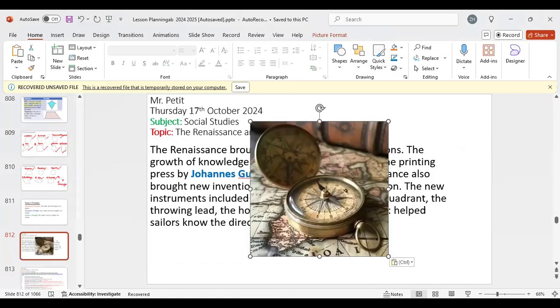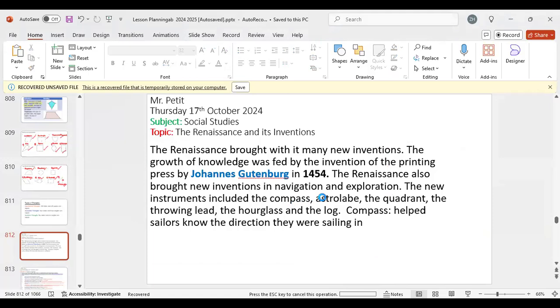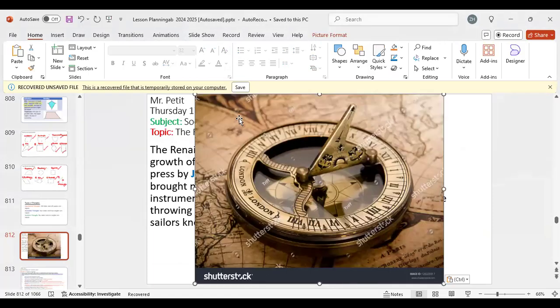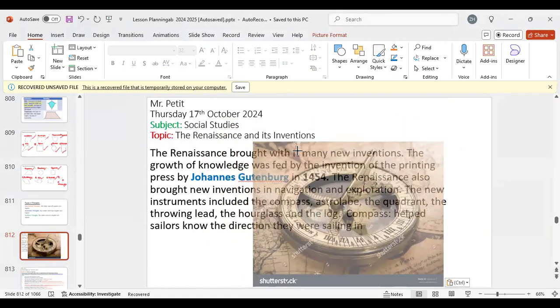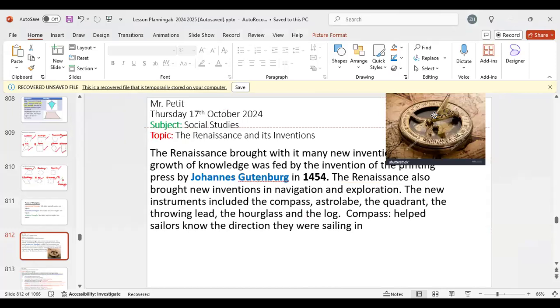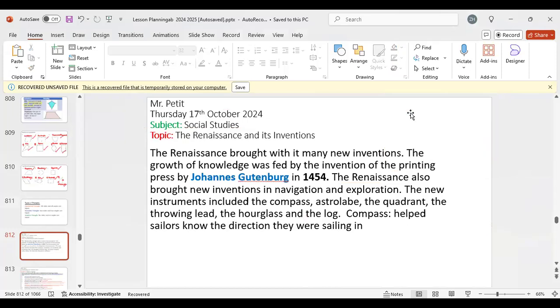A more ancient one would probably look sort of like this one. Something like that with the little arrow up there. That's a compass. All right, so the compass is used to tell direction.